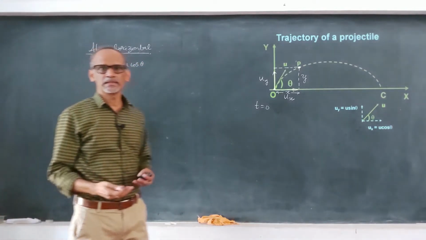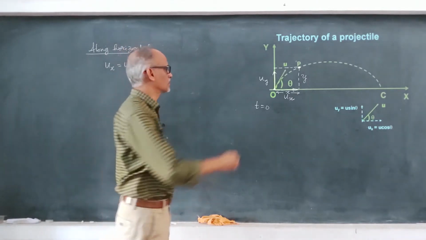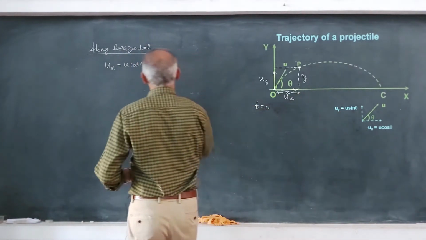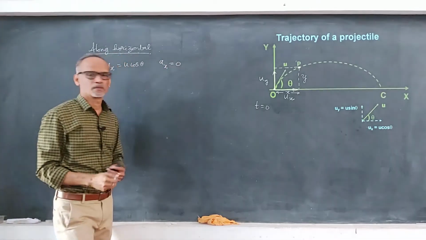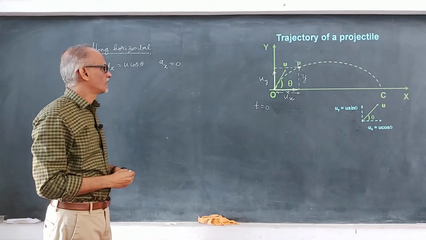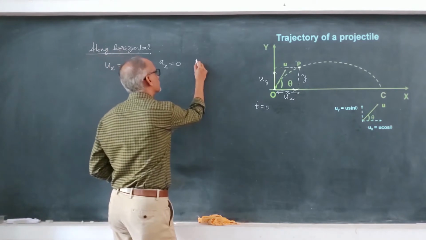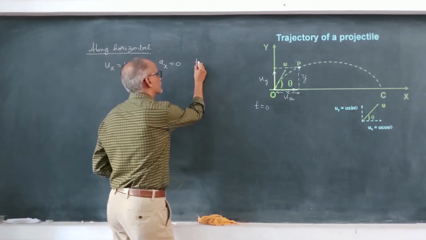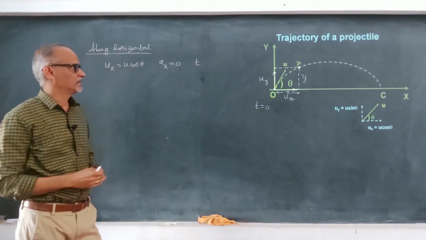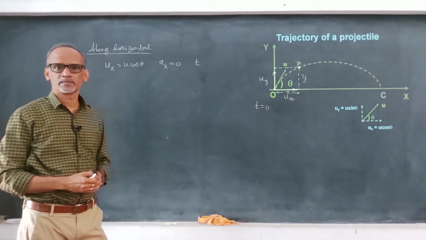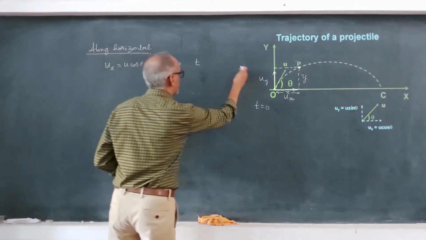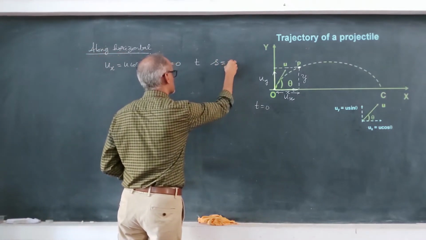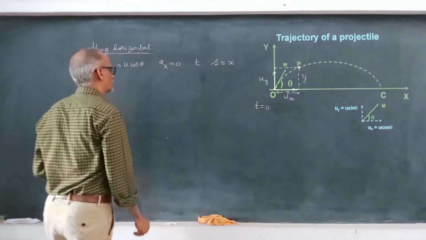We already learnt the basics of the projectile. Along the horizontal, there is no acceleration, so acceleration is 0. Time taken will definitely be t. What is the distance travelled along the horizontal? It is x.